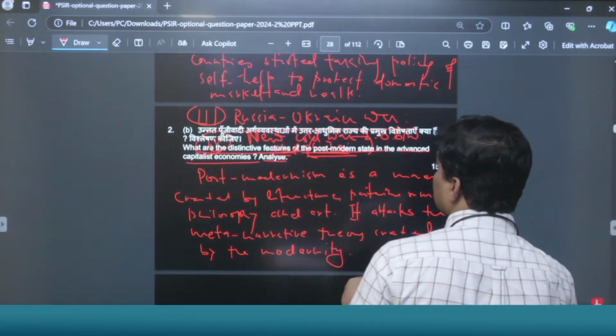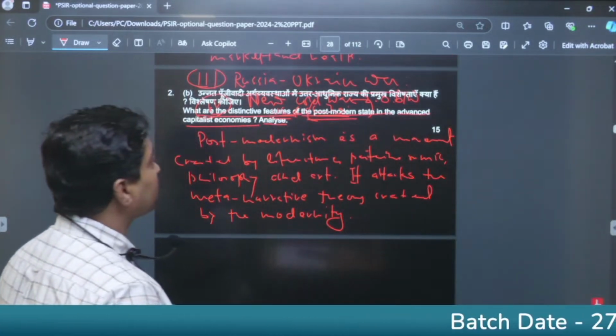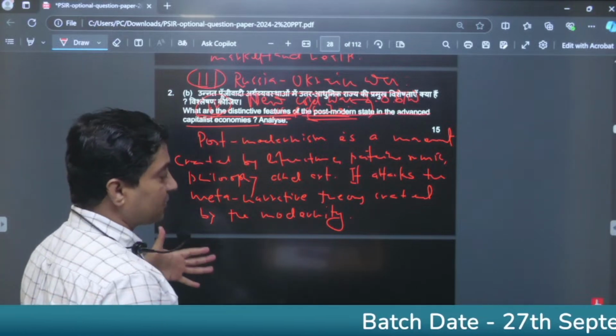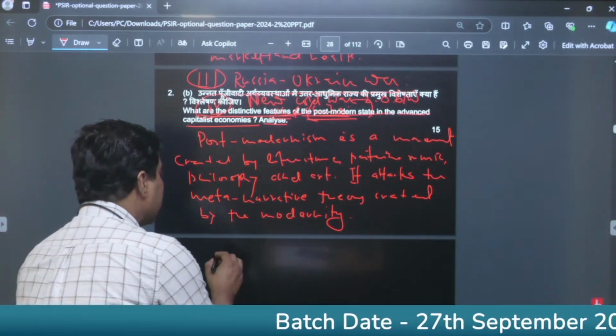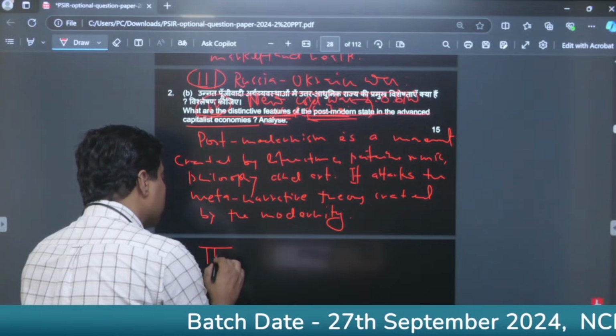Now it talks about what the distinctive features of the postmodernist state are.